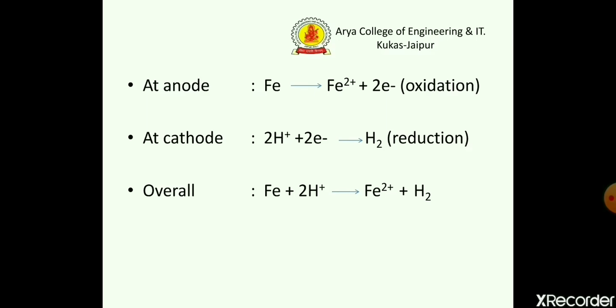At cathode, reduction reaction will take place and the electrons that were released at anode move from anode to cathode, and the hydrogen ions present in the environment accept the 2 electrons and convert into hydrogen. And the overall reaction is Fe plus 2H+ converted into Fe2+ and it releases hydrogen.